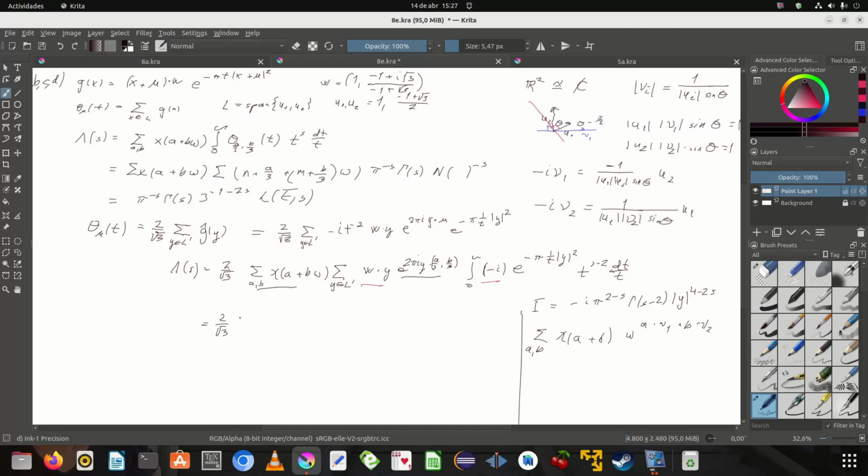That's another one of these. So what we are missing is computing this sum, working on this sum.